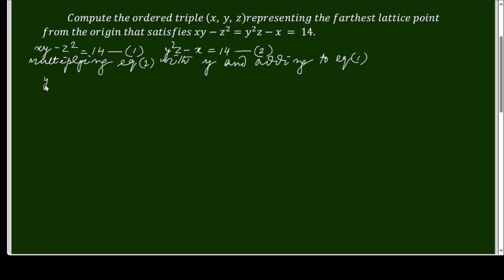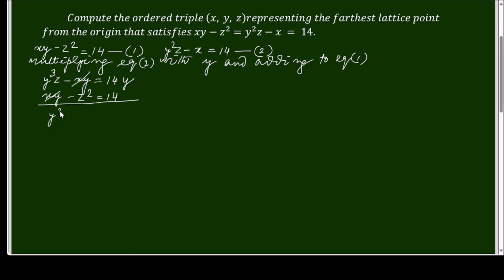So equation 2 multiplied with y gives y^3 z - xy = 14y, and equation 1 is xy - z^2 = 14. When I add them, these two terms will be cancelled.